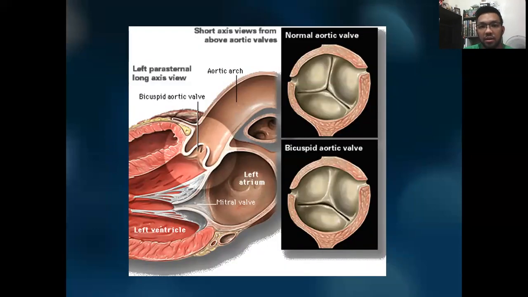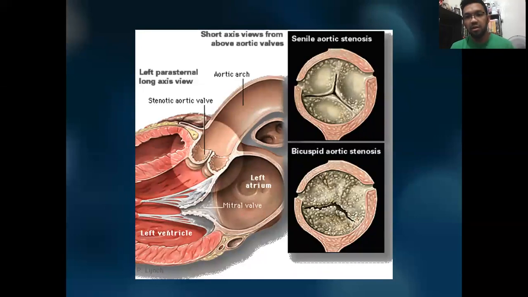So there, as you can see, the normal aortic valve should have 3 leaflets, but in aortic stenosis, it becomes bicuspid, since the other 2 leaflets have combined, causing stenosis to occur.